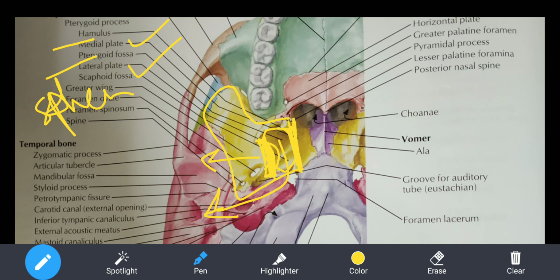There are again small foramina. See, this is a foramen. What is the name? Greater palatine foramen. When you learn about the nasal septum, you see the arterial supply. At that time, you see the palatine artery is a branch of, I think, the maxillary. I don't recall. So it comes from this part.